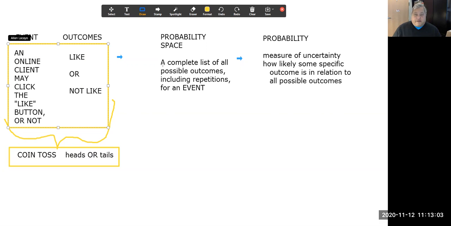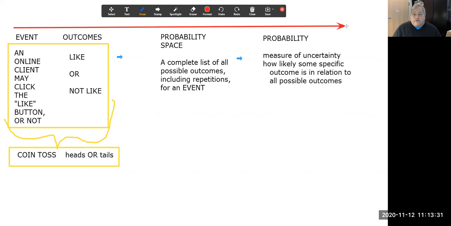So what we do in chapter 5 then is follow this particular sequence of logic of creating a definition of an event, listing all the outcomes of the event, then creating a mathematical space where we can count things called a probability space, which is a list of all the outcomes in the set that we observe. And then we apply something called the law of large numbers and randomness, those two principles, to then use 9 rules of probability in order to measure probabilities.